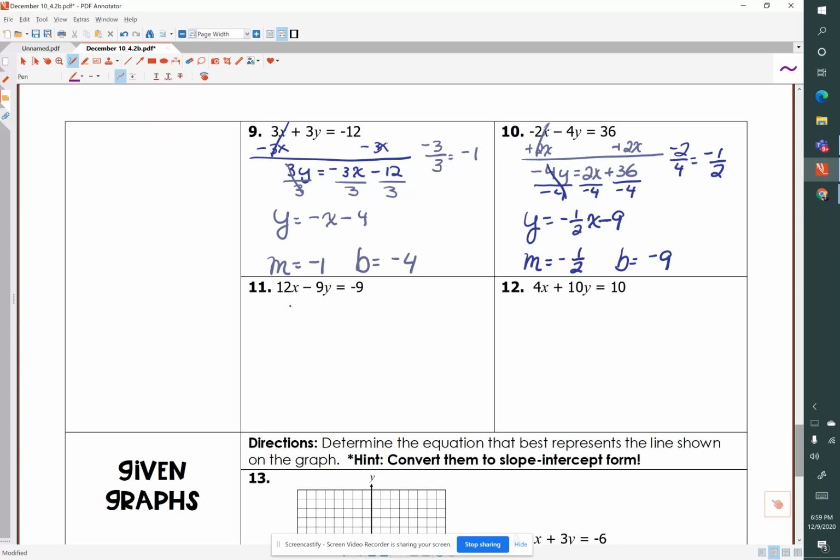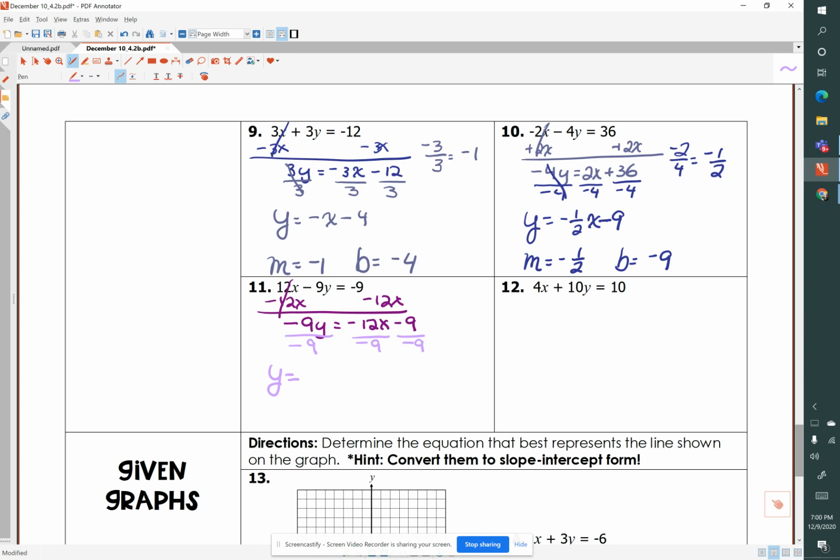And number 11, the first thing we'll do is subtract 12x from each side, which will leave us with -9y equals -12x minus 9. Now we have to divide everything by -9, which will leave us with y equals.